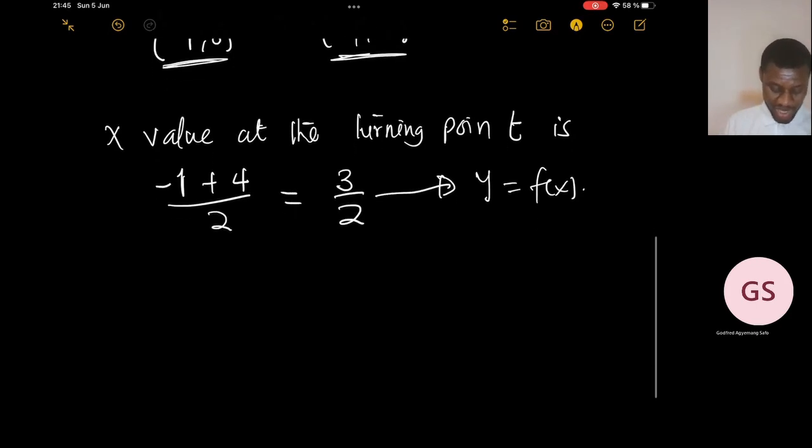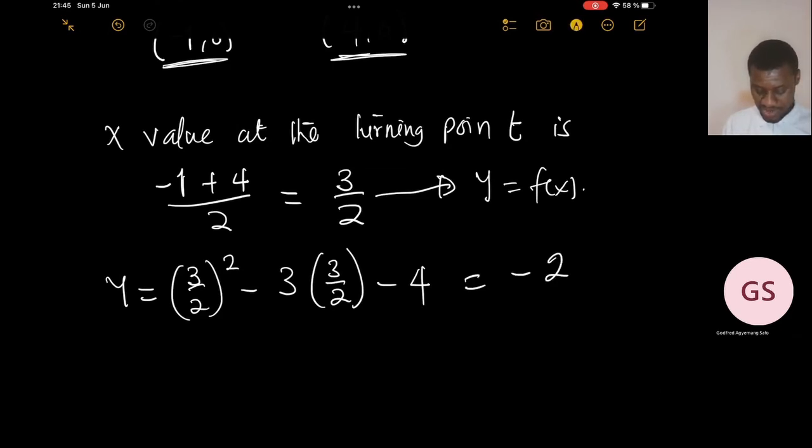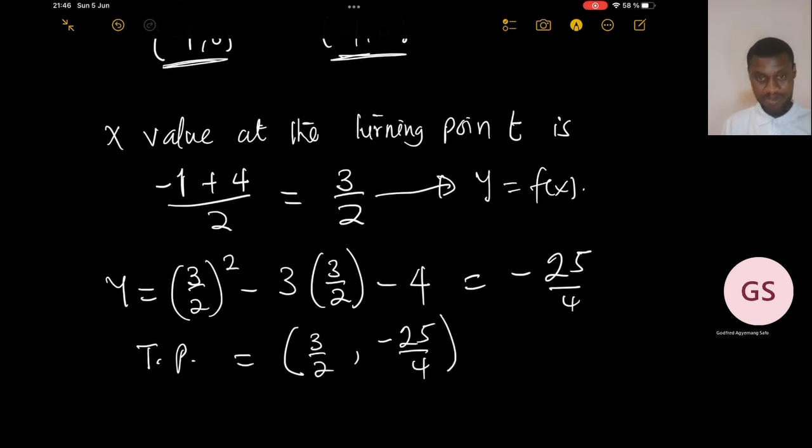So y will be equal to 3 on 2 squared minus 3 times 3 on 2 minus 4. Solving this will give you minus 25 on 4. So the y value at the turning point is minus 25 on 4. At the turning point we have the values 3 on 2 and minus 25 on 4.